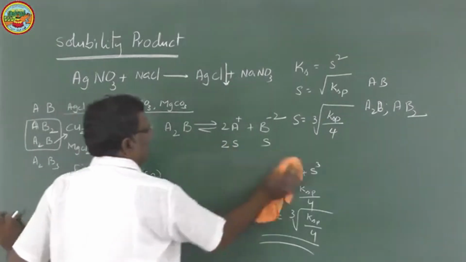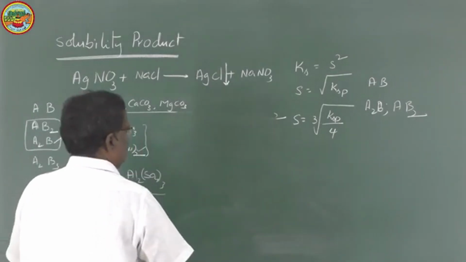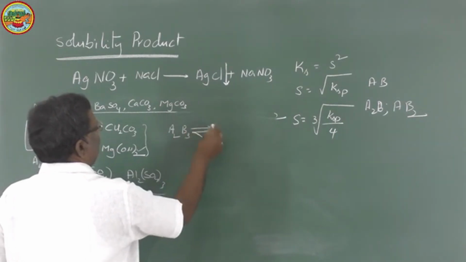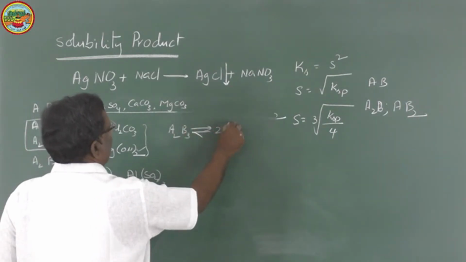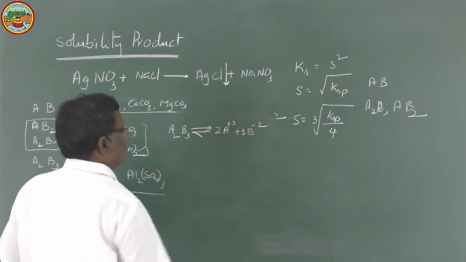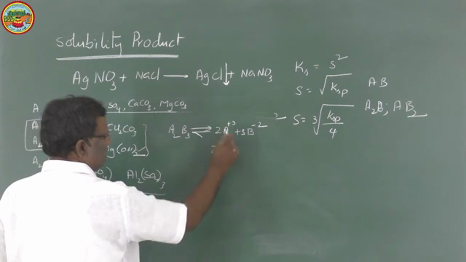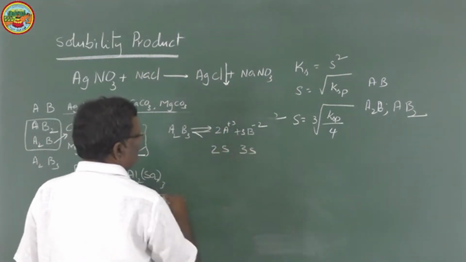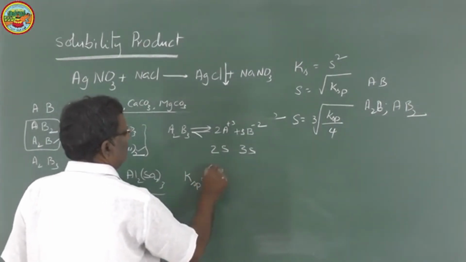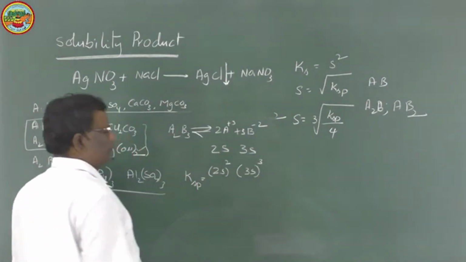For example, if you take A2B3 type salts, if it ionizes, it will give us 2A plus 3 and 3B minus 2. So in such cases, if solubility is S, the ion concentrations are 2S and 3S. Then KSP can be written as 2S whole square into 3S whole cube.